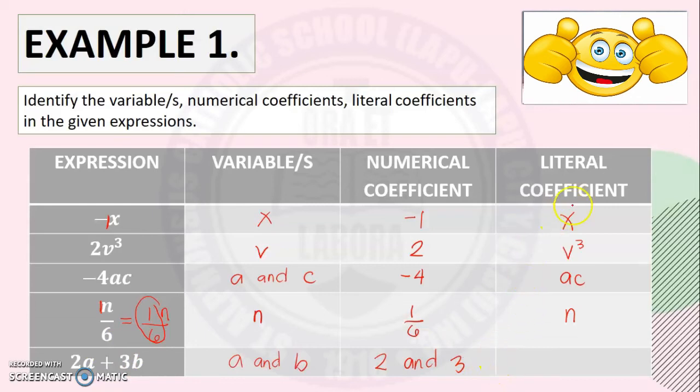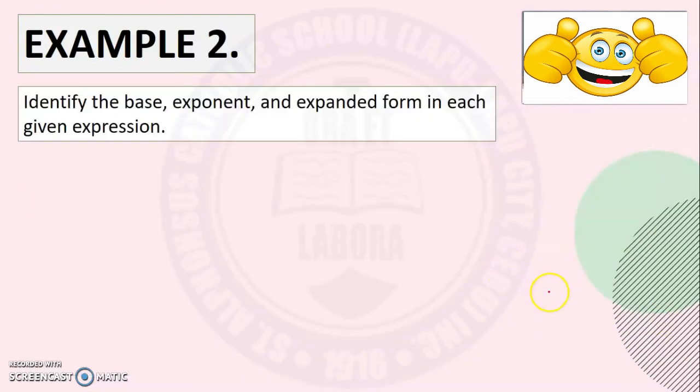Now let's have the literal coefficient. These are the literal factor of each term. For the first term, we have a, and for the next term, we have b.